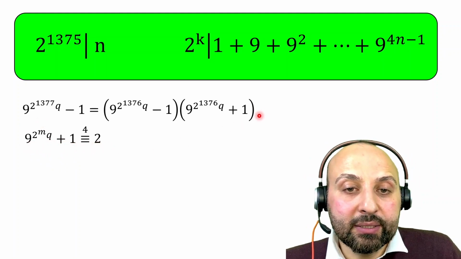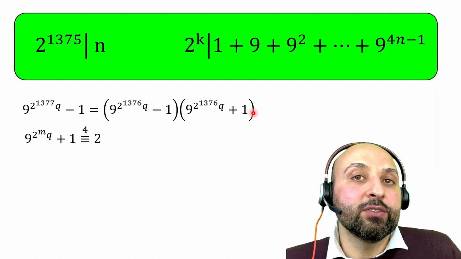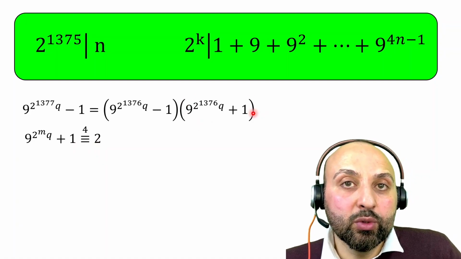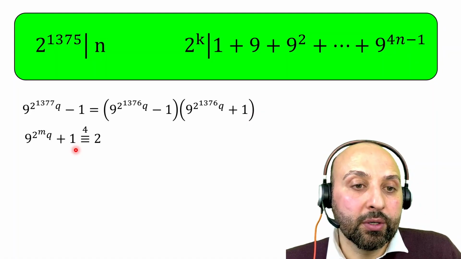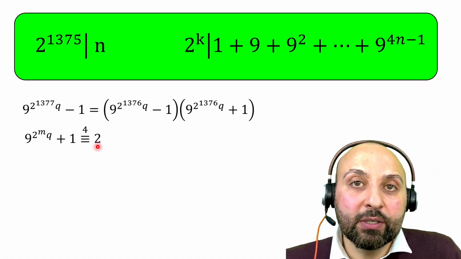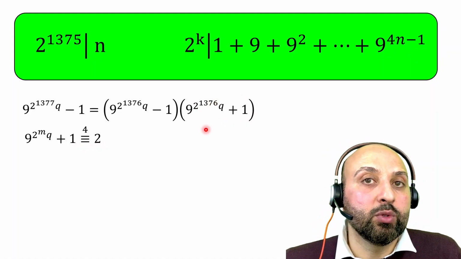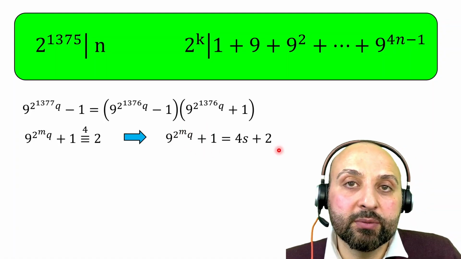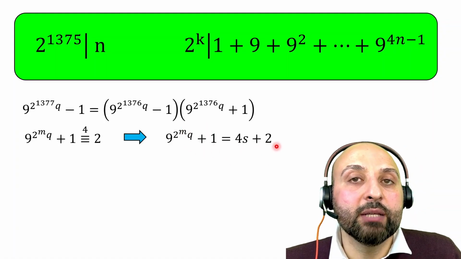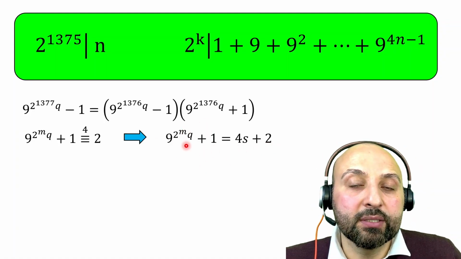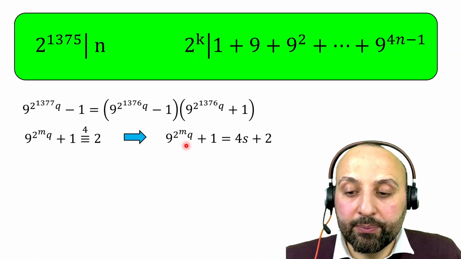So we know that this term is only divisible by 2, but not divisible by 4. So the maximum power of 2 that divides this number is 2 power 1. This is basically 4s plus 2.